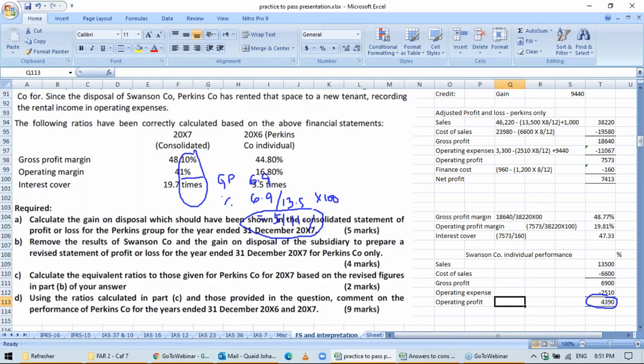So both individual performances should be compared, and individual and consolidated should also be compared. I will show you how. But before that, let me first evaluate whether the disposal was the right decision or not, right?